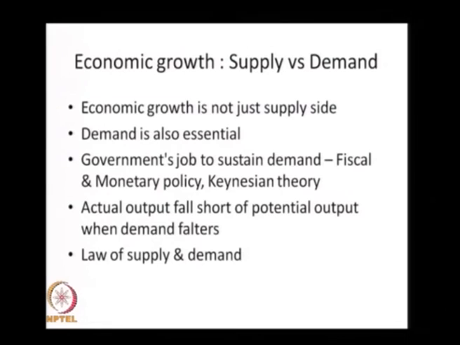The actual output will fall short of the potential output when the demand falters. There is capacity to produce, but if the potential to consume reduces because of changing demands, then we need to know how supply and demand need to be adjusted.